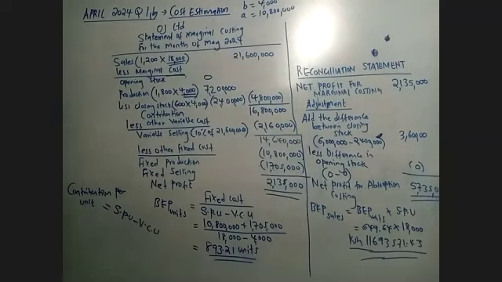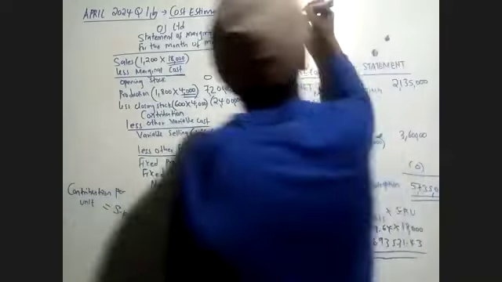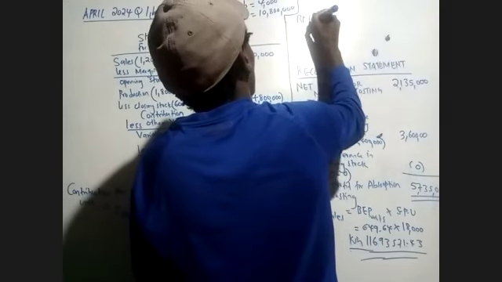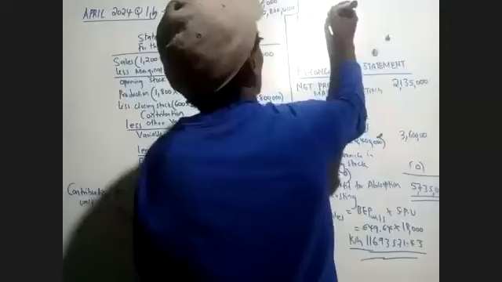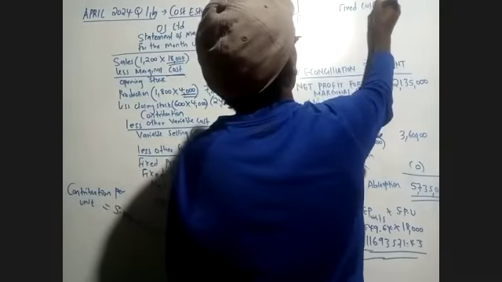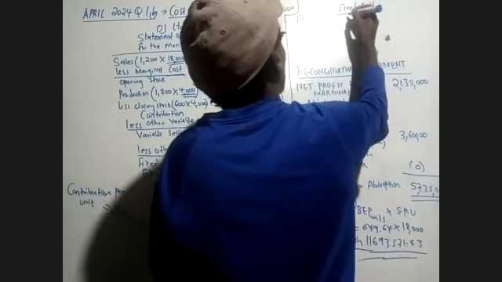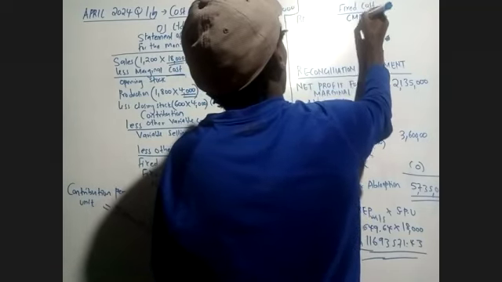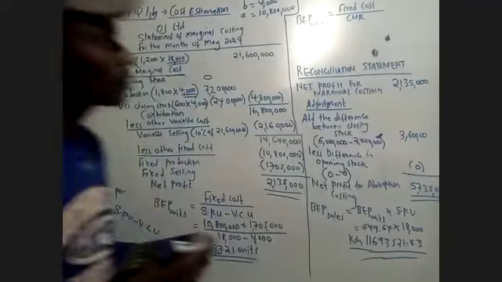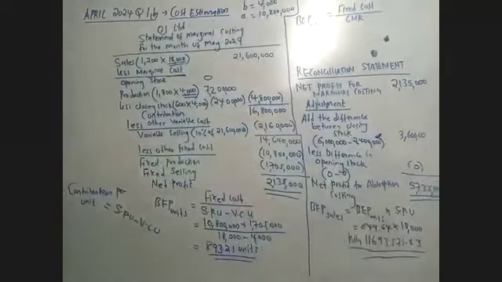Now, another way you can do this BP in sales, unachukua fixed cost divided with the contribution margin ratio.